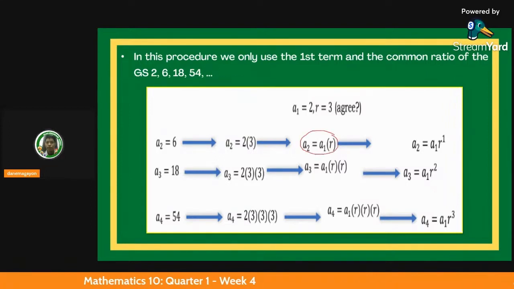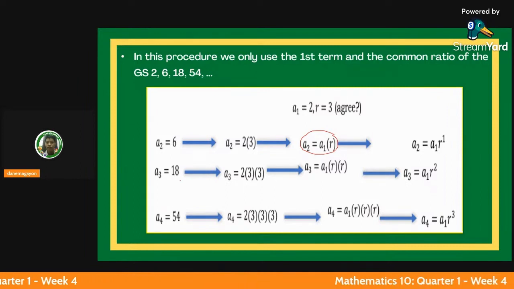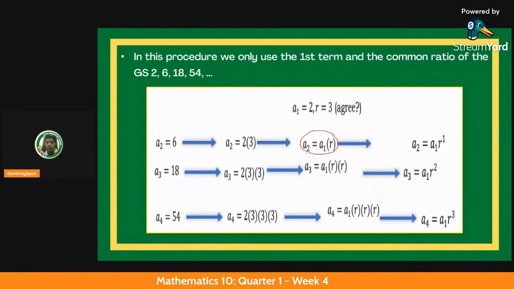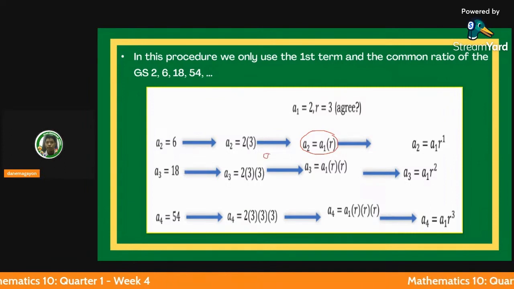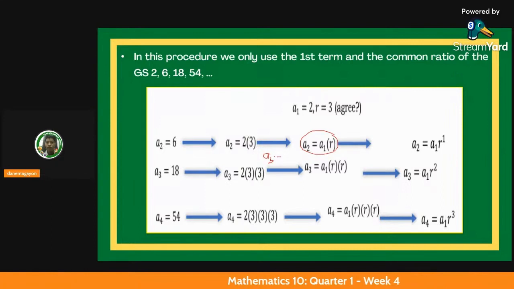So we consider the preceding term, then multiply mo siya by r. In getting naman yung a sub 3, ang ginamit natin na formula doon before is a sub 2. Diba? We have a sub 2. A sub 3 is equal to a sub 2 times r.